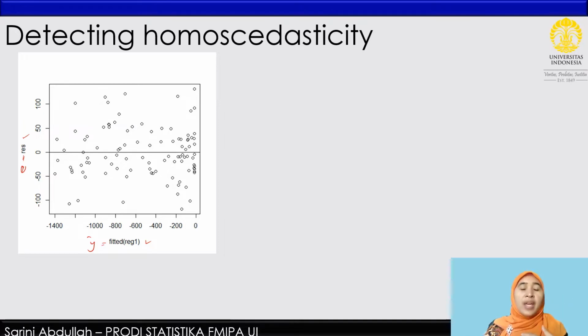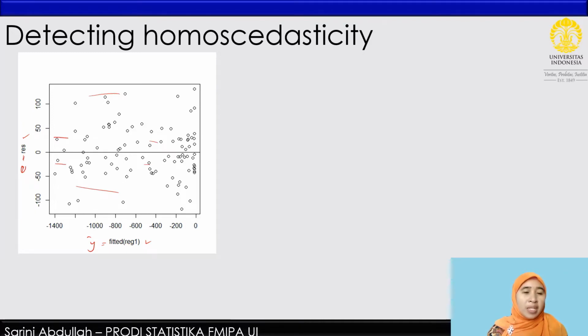If they are fluctuating, then it's okay, but the fluctuations should be on the same pattern, in the sense that we don't expect to have just small residuals over here and big residuals over here and then small again, something like that.